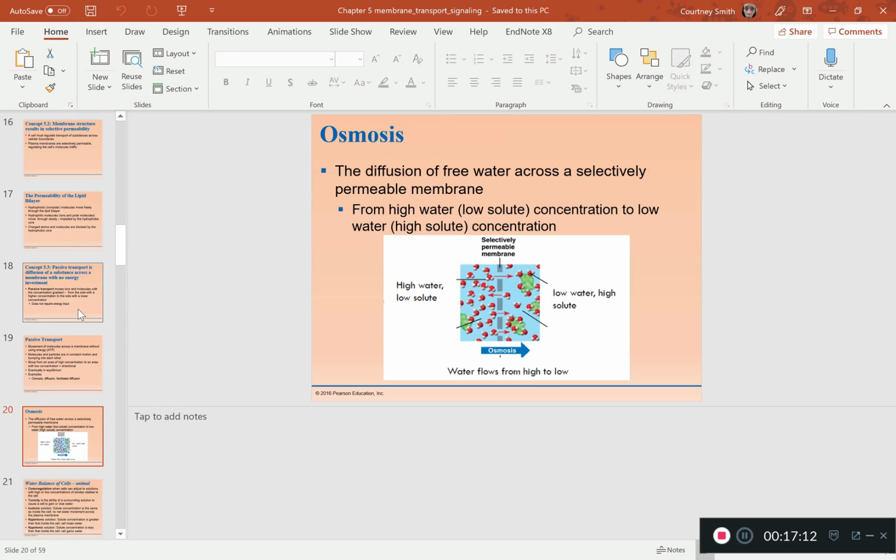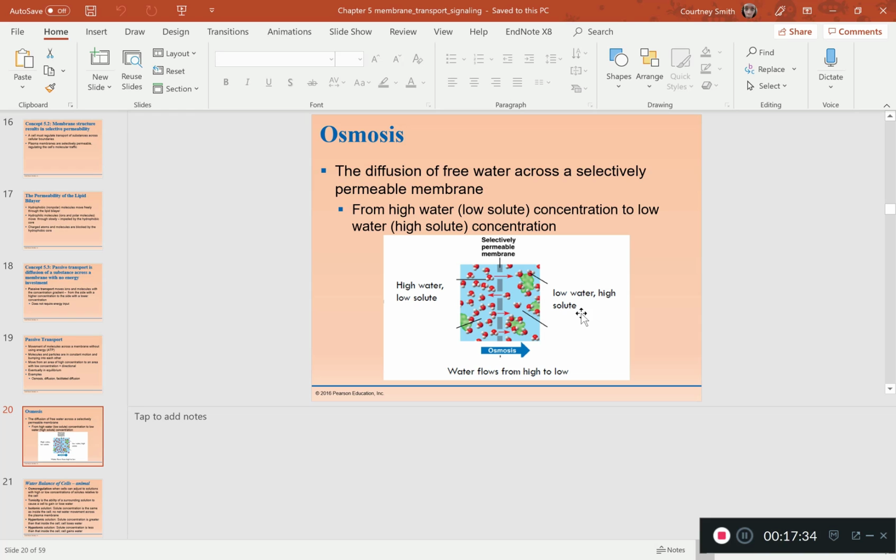Okay, osmosis has to do with the diffusion of water, and it's always from a high water concentration to a low water concentration. As you see in this picture, there's high water on this side, and water moves in this direction.